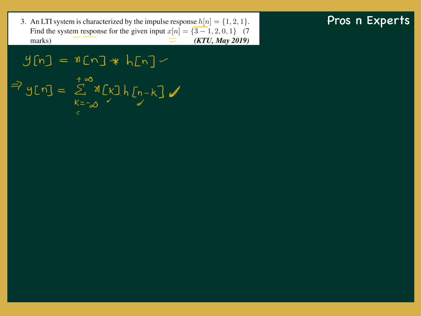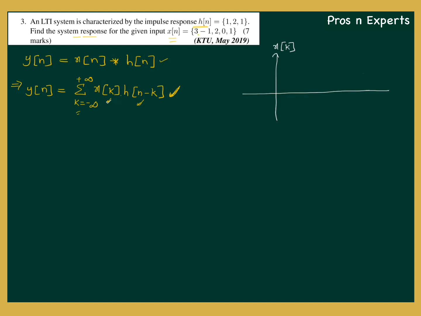Okay, now let me draw x of k for you. We have to first find out x of k. So what is x of k? X of k is nothing but x of n whose index is changed to k. Alright, so x of n is 3, -1, 2, 0, 1.